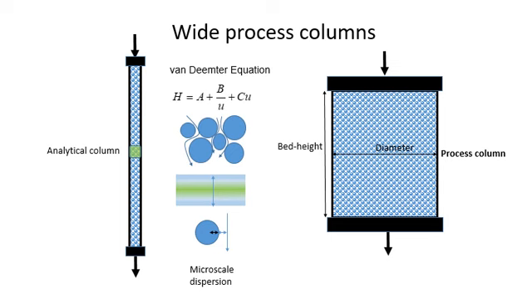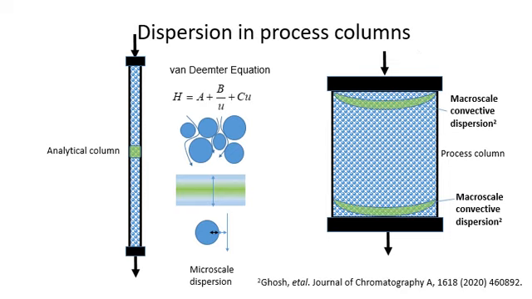Process columns that are used for preparative separation and purification tend to have relatively larger diameters. When using such devices, we also have to consider any additional dispersion, such as that due to the flow within the different parts of the column. In process columns, we could expect significant macro-scale convective dispersion at the column inlet and the outlet due to significant amount of radial flow within the column headers.